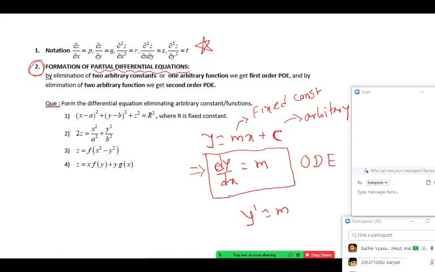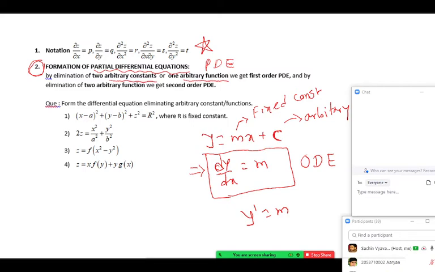But right now we are going to learn about PDE. In PDE, we can form the partial differential equation by eliminating either arbitrary constants or arbitrary functions. That is the change only. ODE is never obtained by eliminating an arbitrary function; it is just PDE only.